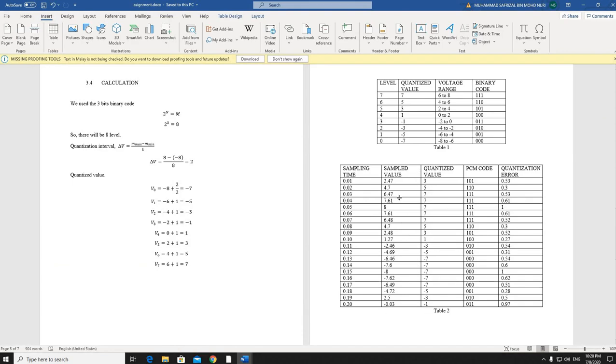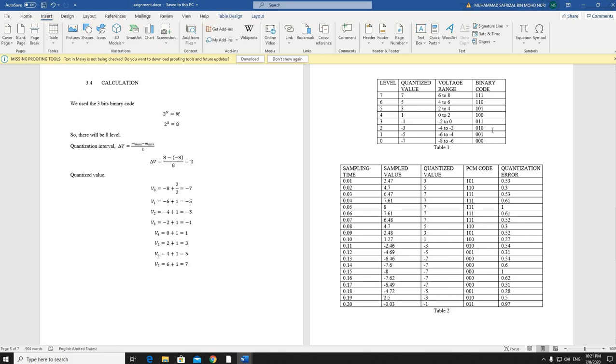Then the quantized value. How do you choose the quantized value? For example, I pick sample time 0.01. The sample value is 2.47. Then you look at the voltage range. 2.47 is between the 2 to 4 voltage range, so you take the quantized value as 3.